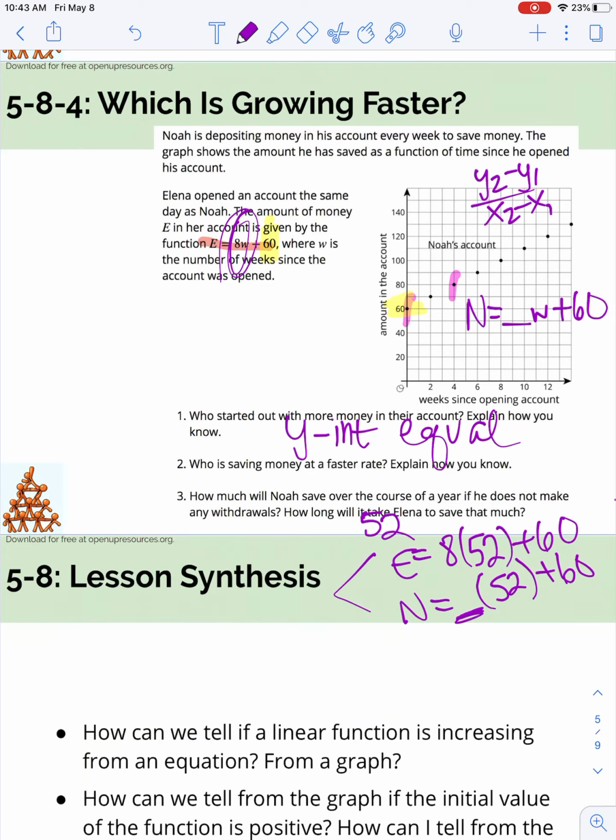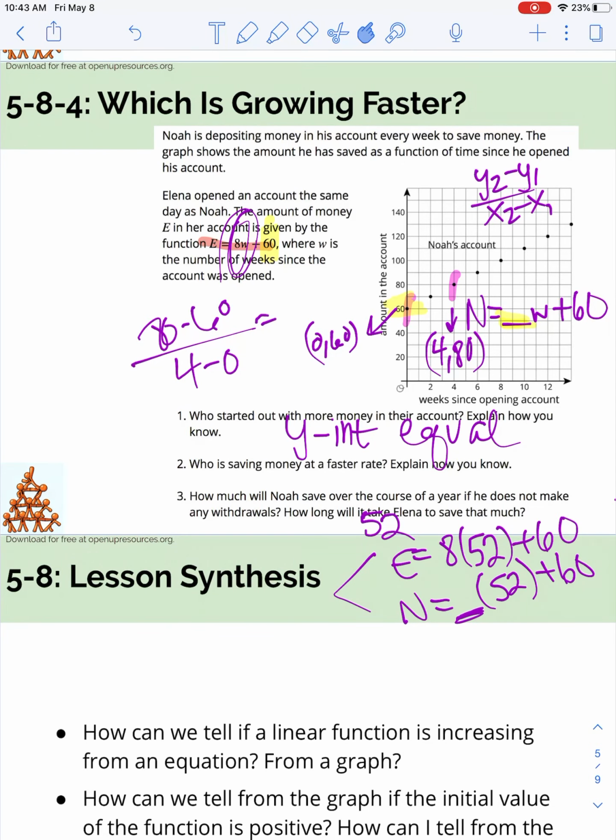One of them is 4, 80, and the other one is 0, 60. So I do 80 minus 60 over 4 minus 0, and I get my slope. That goes in the blank that I've drawn and I'm now highlighting in yellow. Okay, that's what you do for 2.